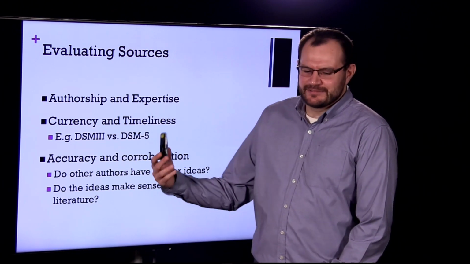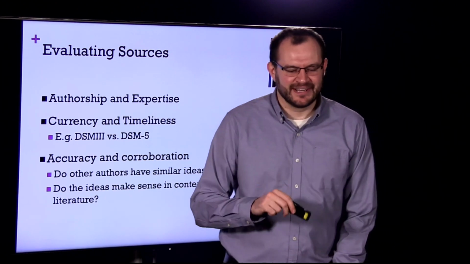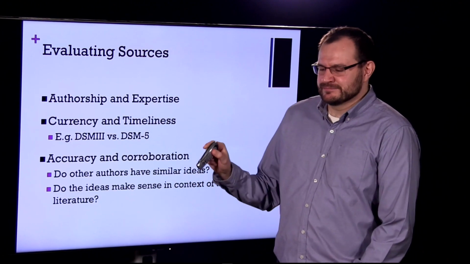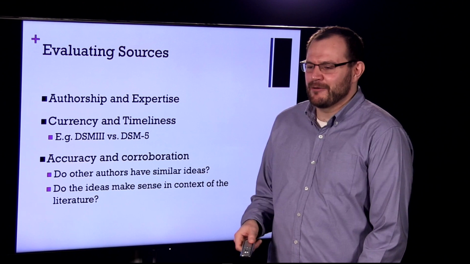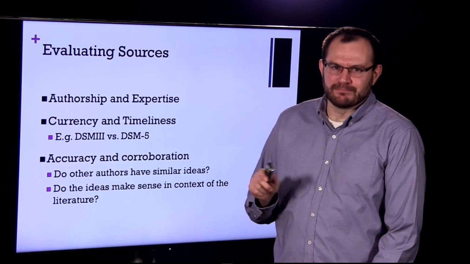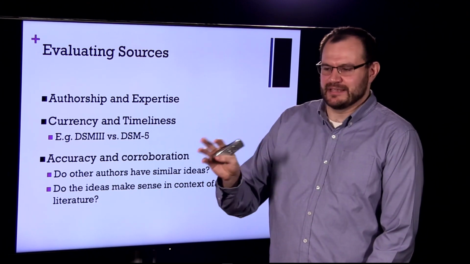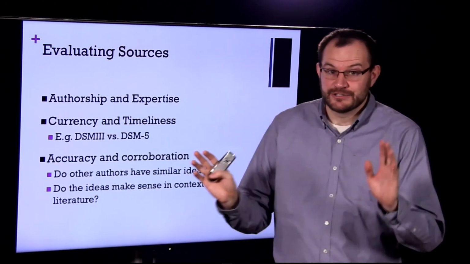So I use an example from the show Mountain Men in our first lecture. So this is an example of accuracy and corroboration. One of the guys on Mountain Men figured out a way to power his truck by burning wood in the bed of the truck. So some sort of gas or something he extracted from the burning wood powered his vehicle. Super cool.